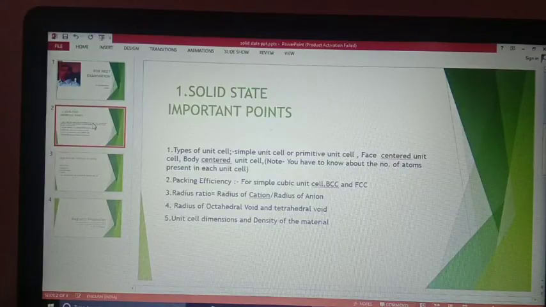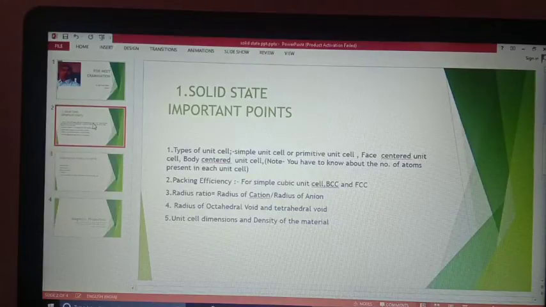For the primitive unit cell or simple unit cell, Z, that is the number of atoms, is 1. For the body centered unit cell, Z is 2, and for the face centered unit cell, Z equals 4. This will be very helpful whenever you are solving a numerical question.